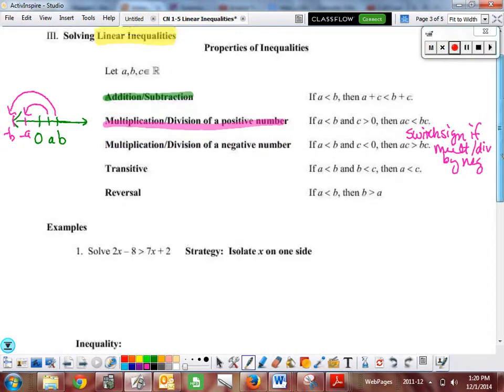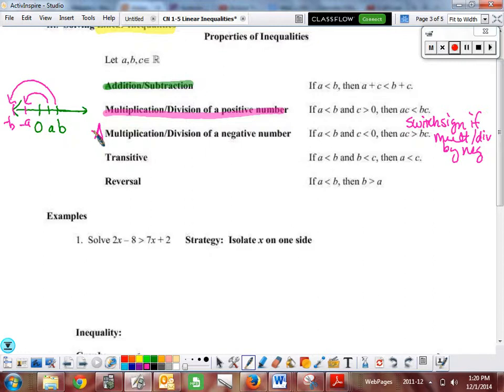Now, I am going to put a star by this one, because this is the one thing that you have to be careful of. The reason I'm putting a star is that notice it says by a negative number. Can I multiply both sides of an inequality by x?